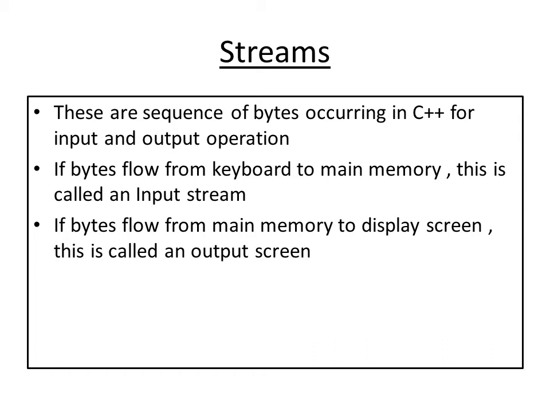When they input a value from the keyboard, that value is stored in memory in the form of bytes, that is zeros and ones. And from that memory, it goes to the display screen in the language that we understand. That's called the output stream. When the byte flow is from main memory to display screen, it is called an output stream.